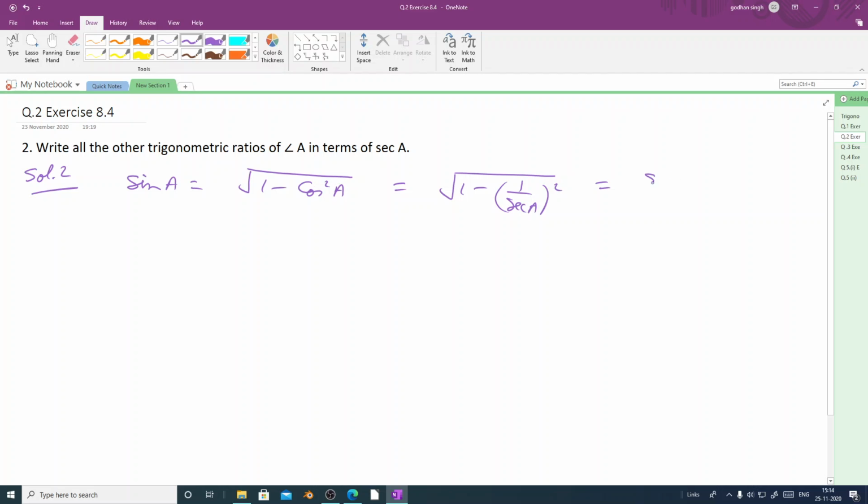On solving it, we will get sec square A minus 1, and we take the root over this, and square root of sec square A will give us sec A. So sin A can be written as square root of sec square A minus 1 over sec A.